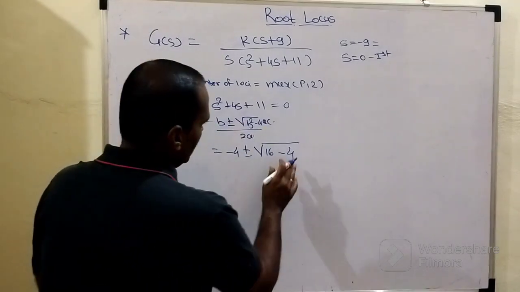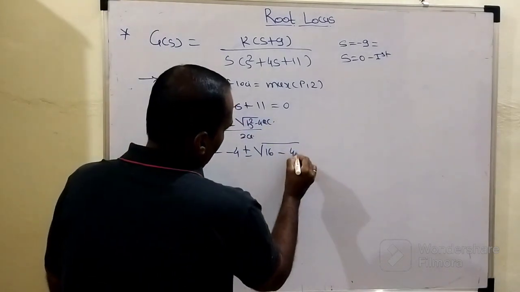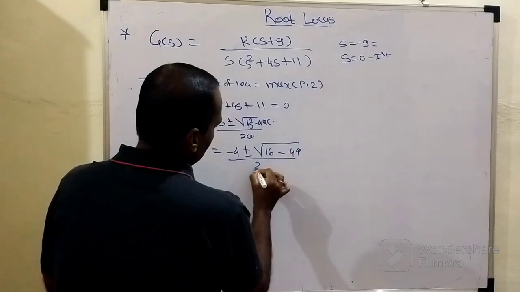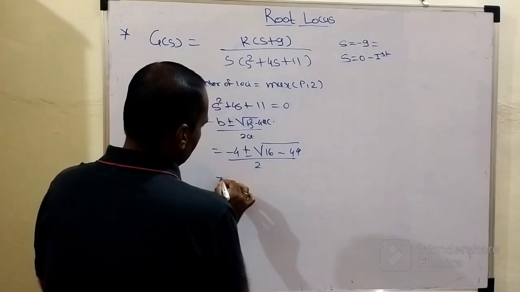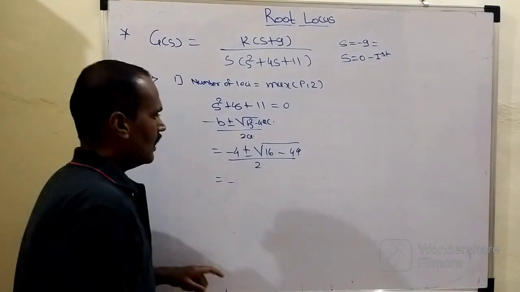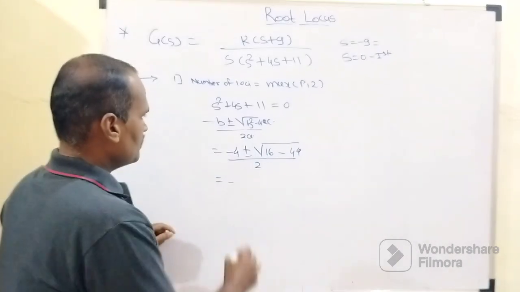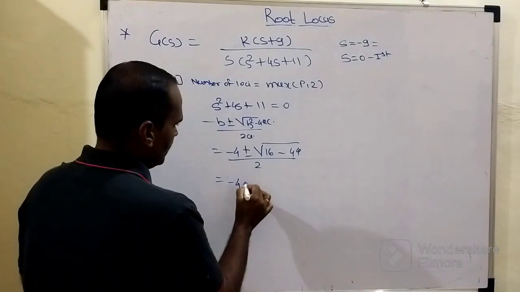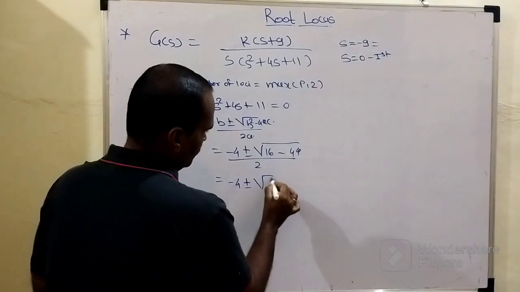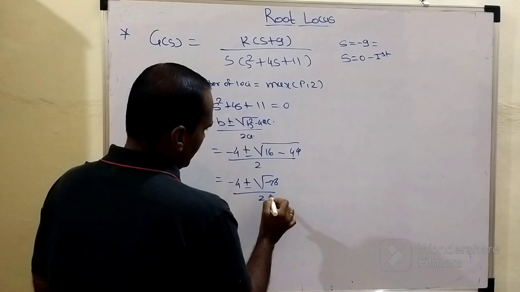So minus 4 into 11, 11 fours are 44, divided by 2 into a equals 1, right? So this whole term becomes 16 minus 44, which equals minus 28. So minus 4 plus minus square root of minus 28 upon 2.